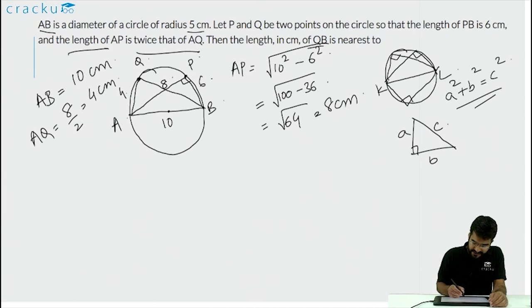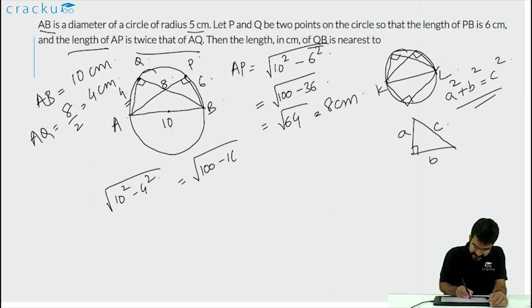Again, using the earlier theorem about a diameter subtending a right angle at any point on the circumference, here AQB is also a right angle triangle and the hypotenuse is the same, which is 10 centimeters. Here one of the sides is 4 centimeters, therefore the length of the other side will be square root of 10 square minus 4 square, which is equal to square root of 100 minus 16, which is equal to square root of 84.